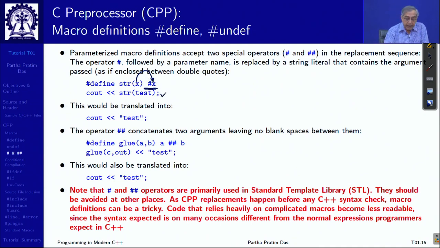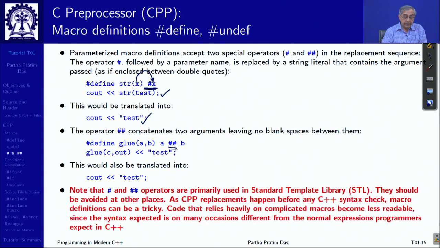So, as I do str test, it will actually generate a quoted string like this, which is very useful in making certain different types of output strings and format strings and so on.